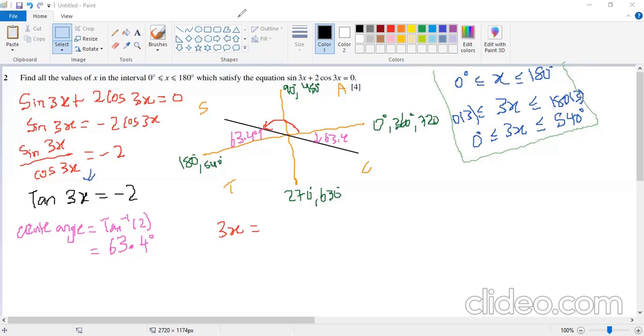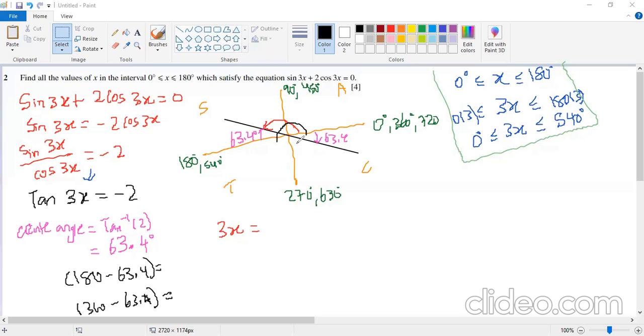Let's calculate that separately, because we're going to use it repeatedly. I calculate the first one as 180 minus 63.4, and the other one as 360 minus 63.4, just to get the two values first.